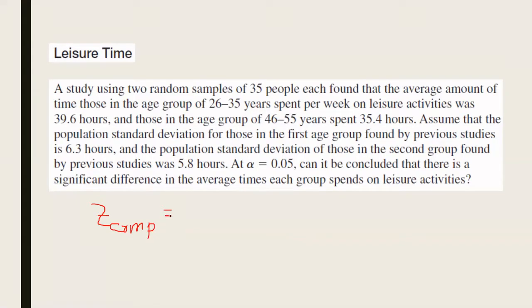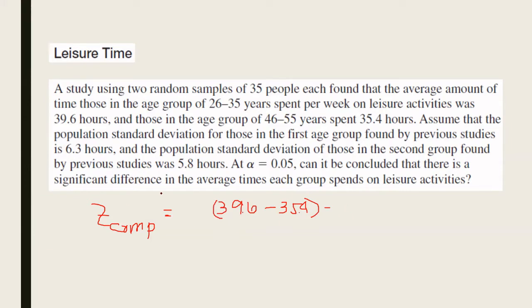Just a review. So our z computed was 39.6 minus 35.4, minus, since we are talking about just the difference, so it does not say whether it's greater or less than.